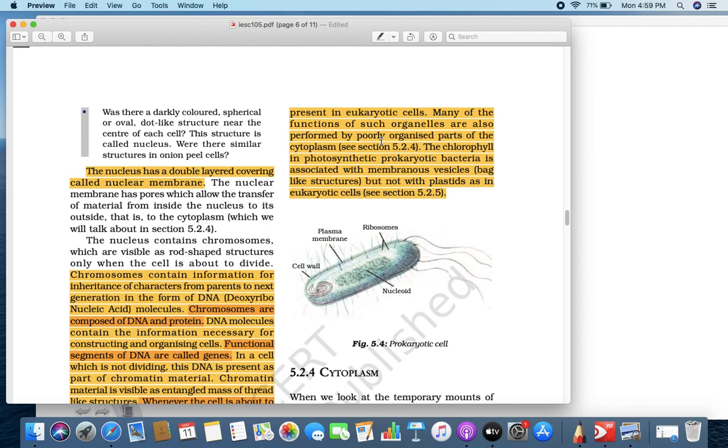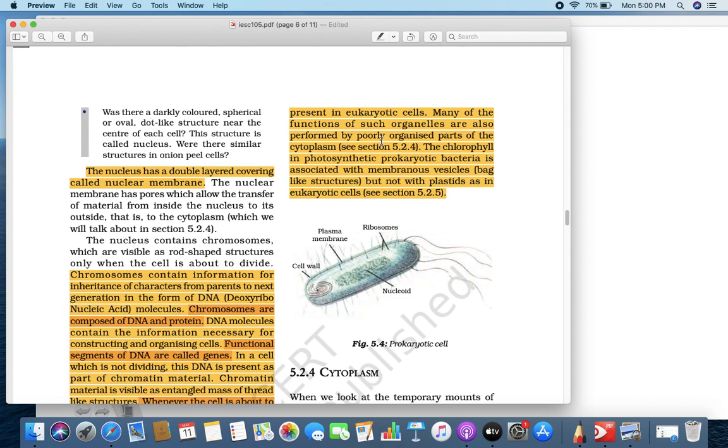Now the chlorophyll in photosynthetic prokaryotic bacteria is associated with membranous vesicles, bag-like structures, but not the plastids as in a eukaryotic cell. Photosynthesis is done by plants, but there are bacteria which also do this. In leaves they have chlorophyll, which is green in color, that is why the leaves and trees are green.